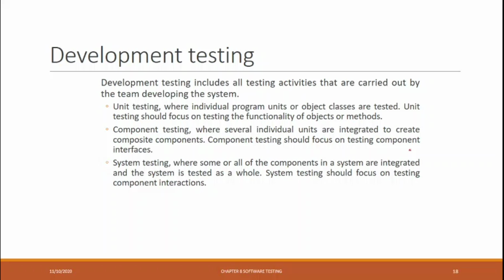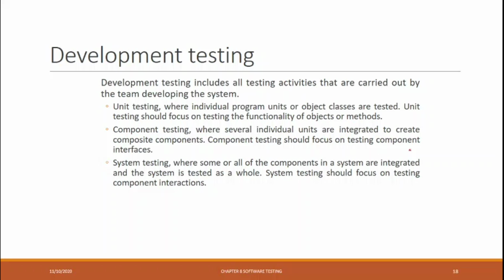For example, in the name you should give 10 characters. Whether it accepts more than 10 characters or less than 10 characters, you have to check it. That individual function check is called unit testing.